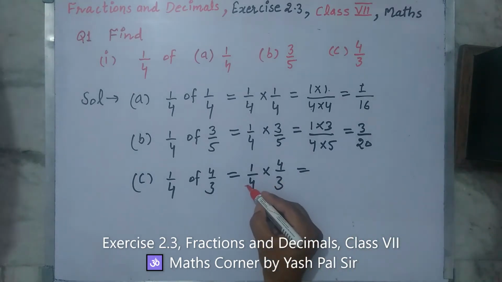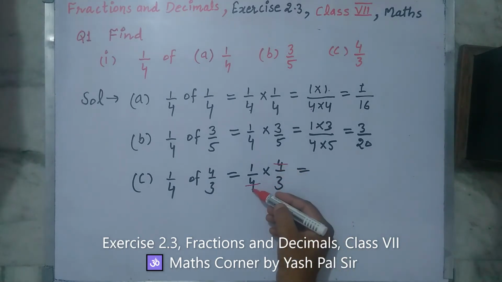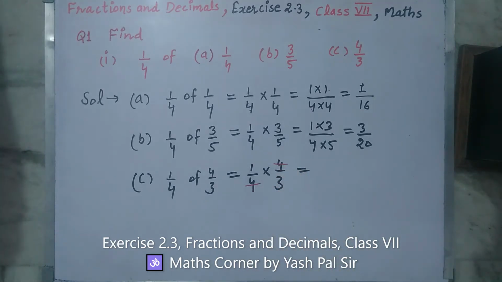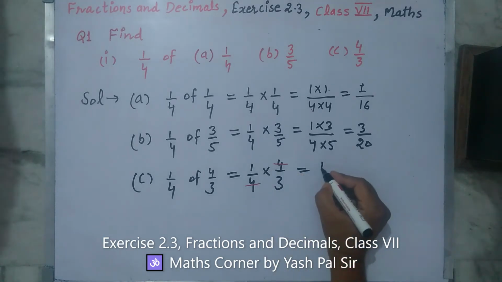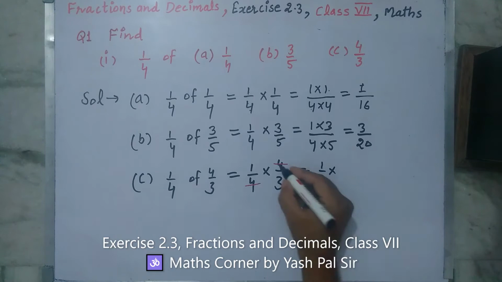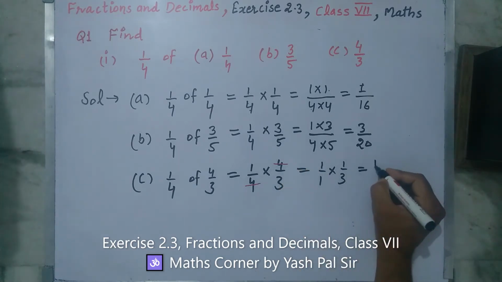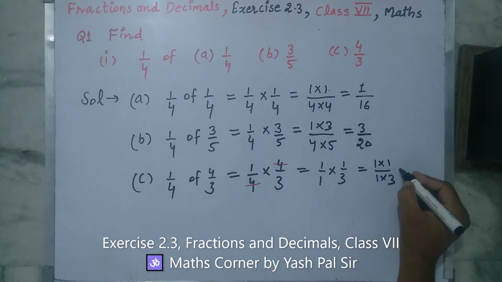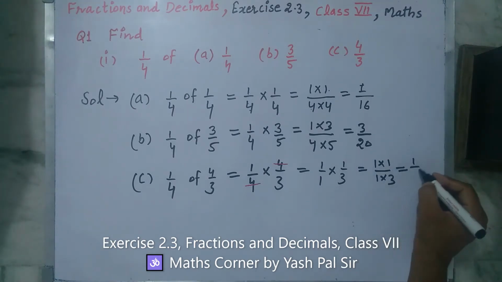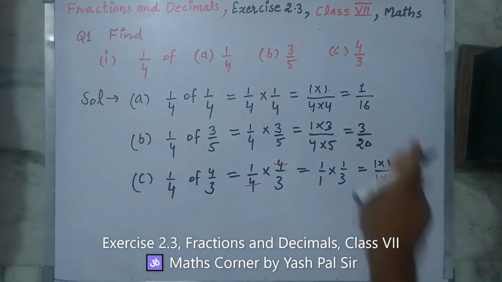First of all, 4 in numerator and denominator can be cancelled out. So we are left with 1 upon 1 into 1 upon 3. So what is 1 into 1 upon 1 into 3? So the final answer is 1 upon 3. This is the solution of the first part.